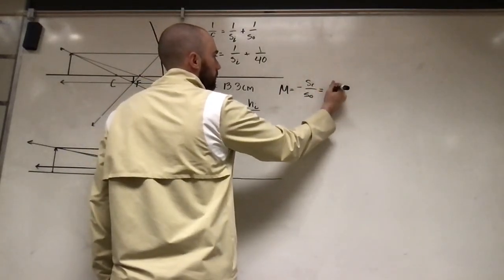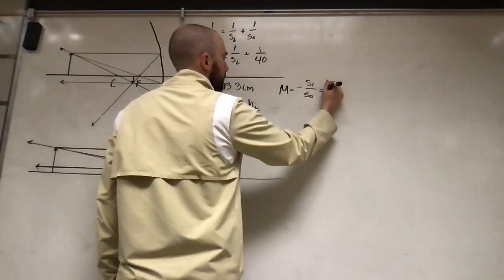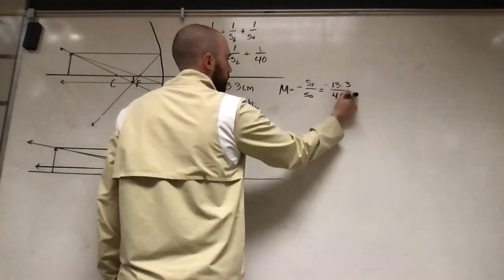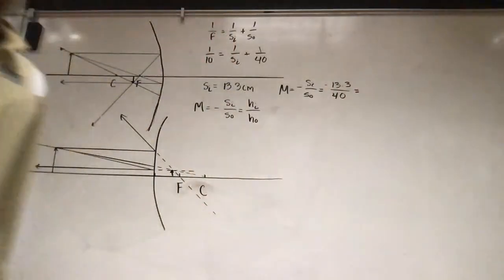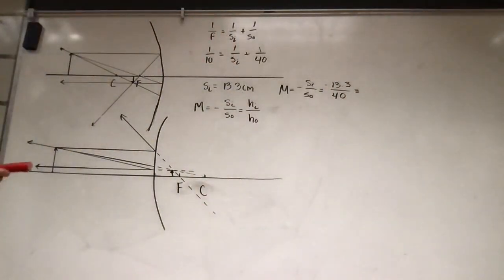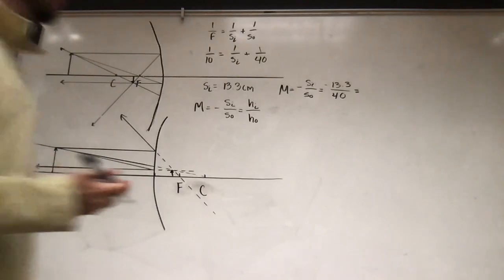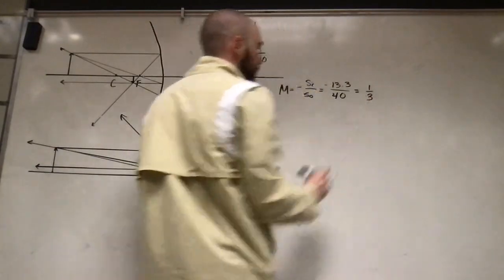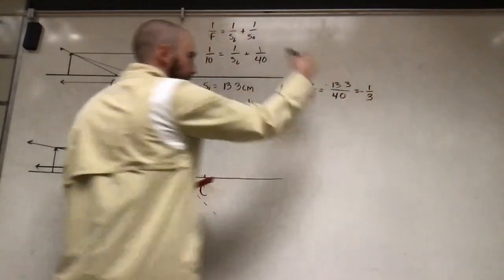That equals my image distance, which is 13.3. I'll put that negative out in front, and my object distance is 40. Based on that, since it's going to be negative, that tells me it's going to be inverted. So 13.33 divided by 40. I get that my magnification is 1/3.